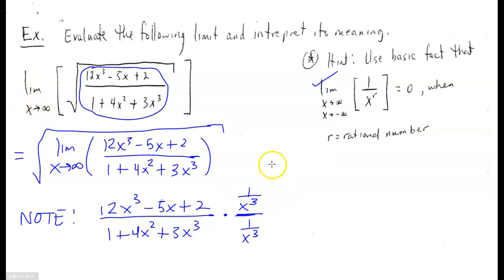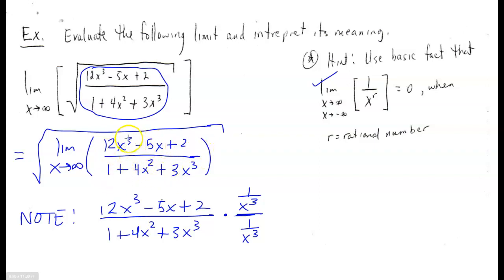Now, the reason why we are using 1 over x cubed divided by 1 over x cubed versus, let's say, 1 over x squared is that we want to use the exponent that is the highest one, that matches the highest degree of any polynomial in our rational function here.